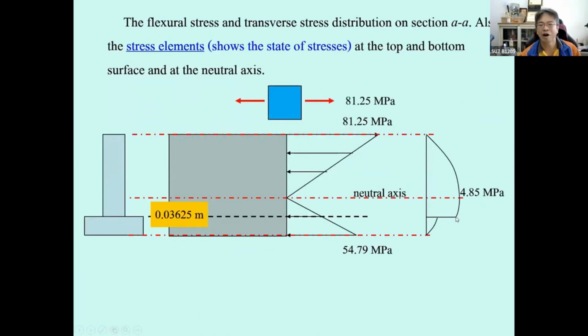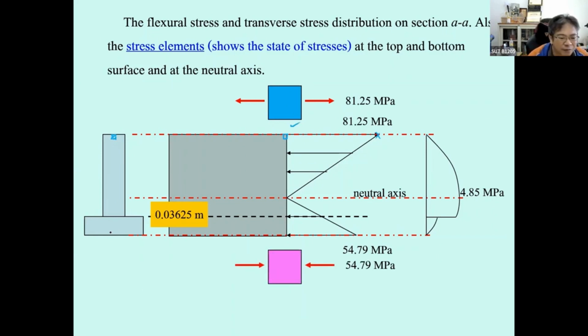Now you can draw the stress element. If you prefer to find the stress element on this portion, or you may say over here, the stress over here is in tension. So we got this one as the stress distribution.